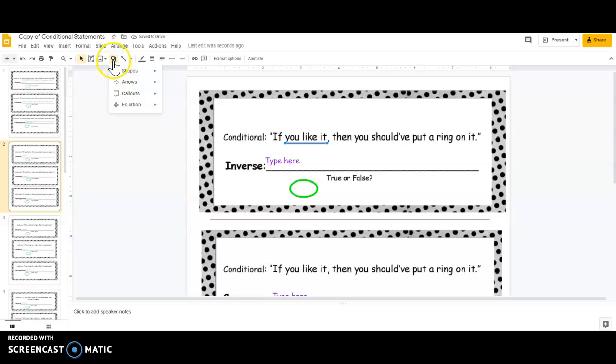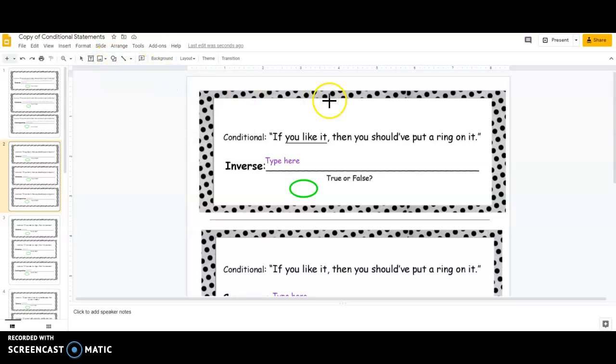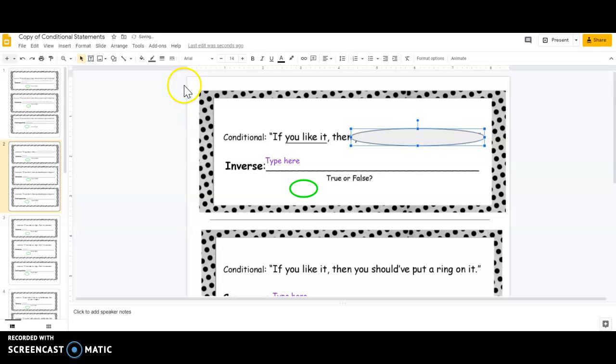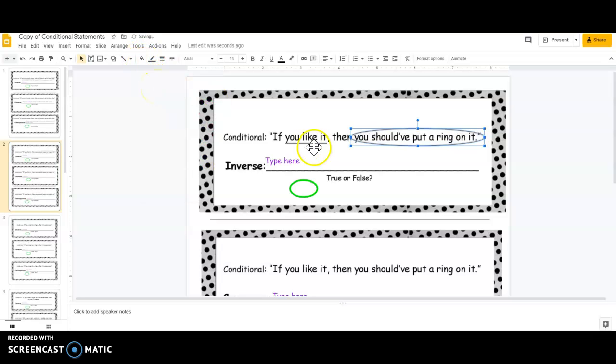Then I'm going to grab my circle tool, and I'm going to circle, you should have put a ring on it. That's my conclusion. You have to go into that fill and click transparent.